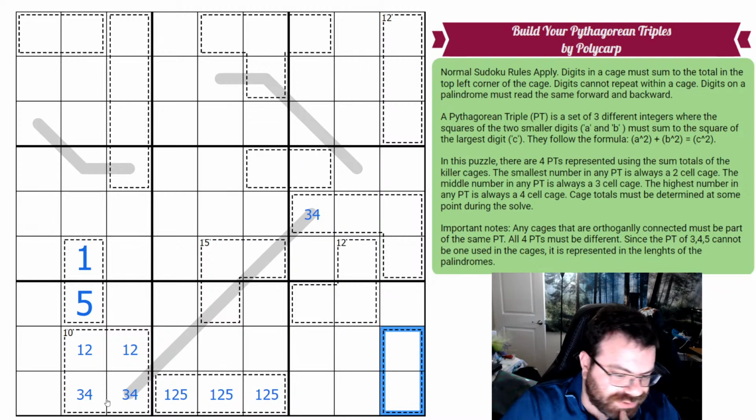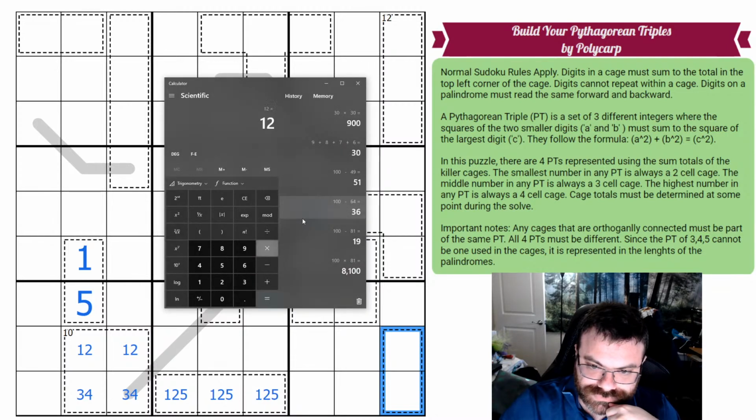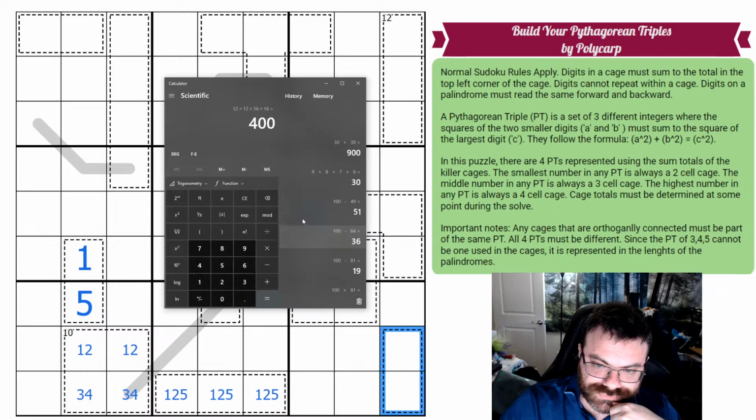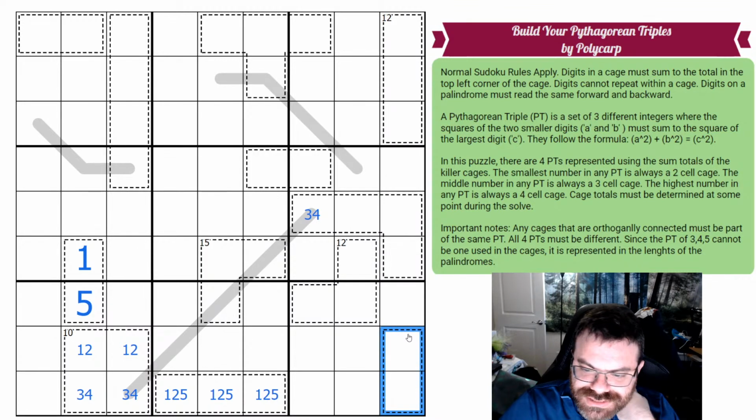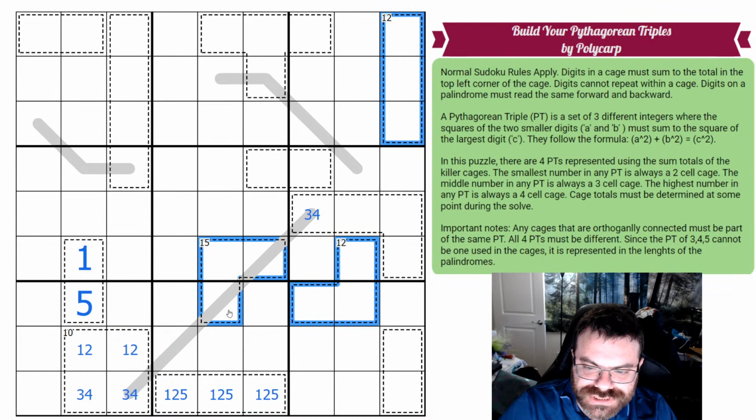Wait, is it 12, 16, 20 or 12, 16, 25? 12, 16, 20. So we can't say this is 9. Do we know how big all our 3 digits are? We actually know the size of all of our 3 digits, though. So there's no 16 available.